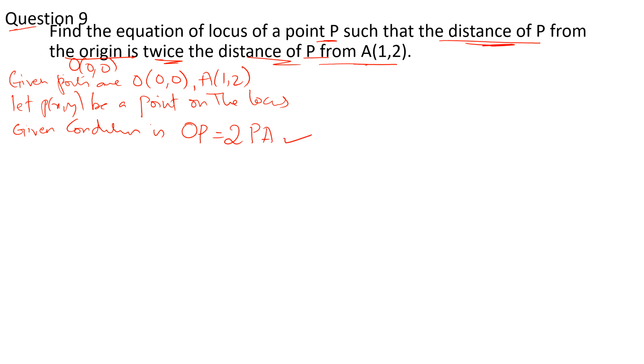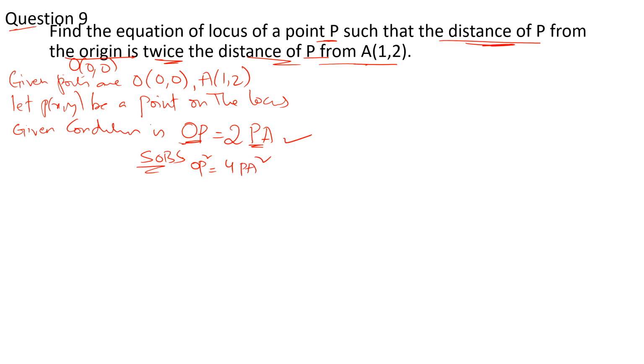Now OP is the distance between O and P, and PA is the distance between P and A. Now it is better to do squaring on both sides, which means OP square is equal to 4 PA square.